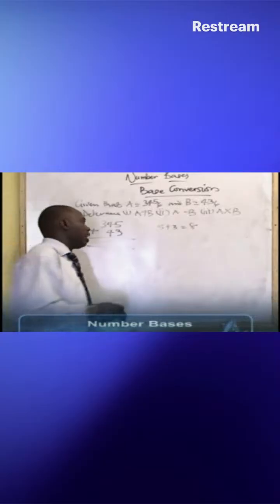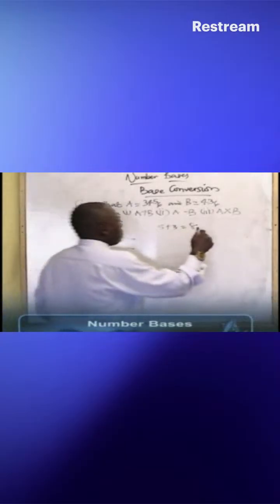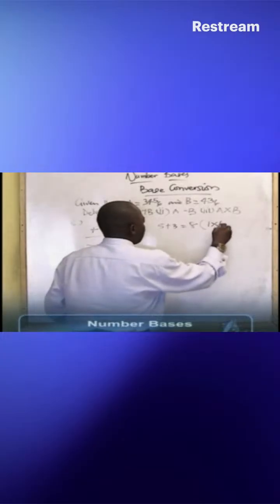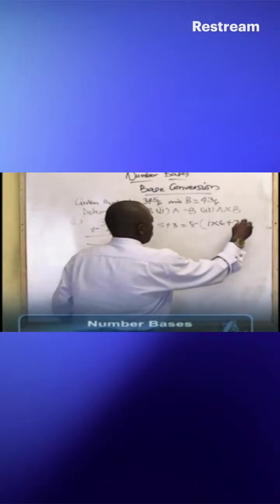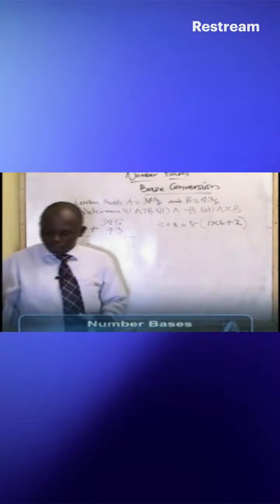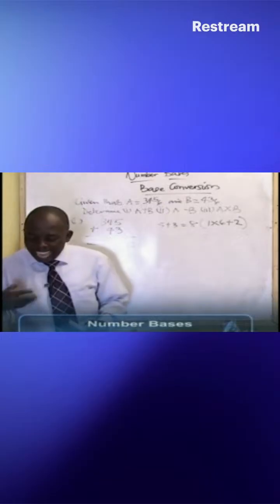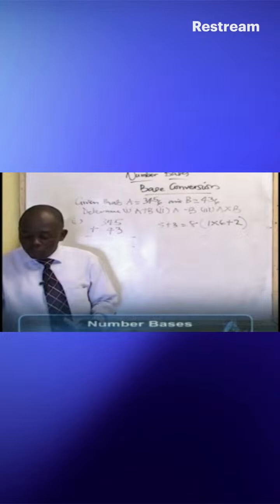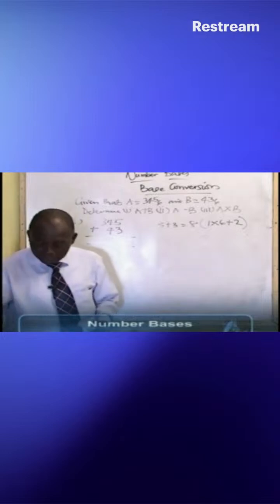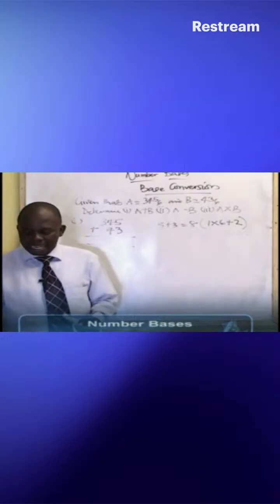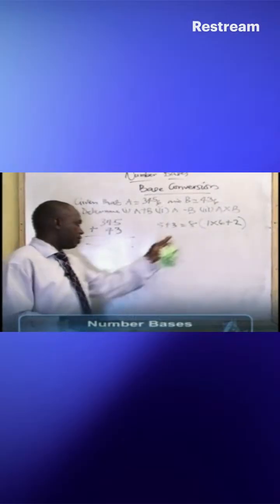And 8 will be the same thing as 1 times 6 plus 2. And that will help us to know what we're going to write. You will always write the remainder. If what you have gotten is greater than 6, then divide your answer by 6, which is what I've done here.